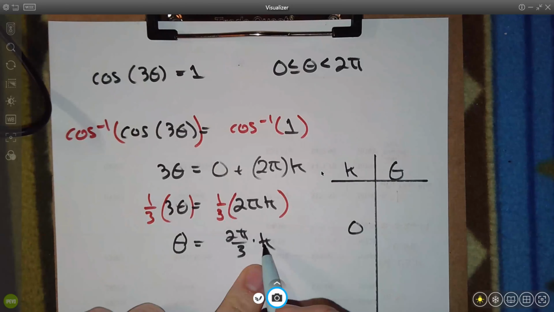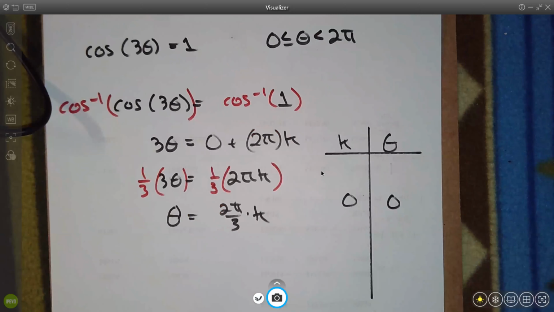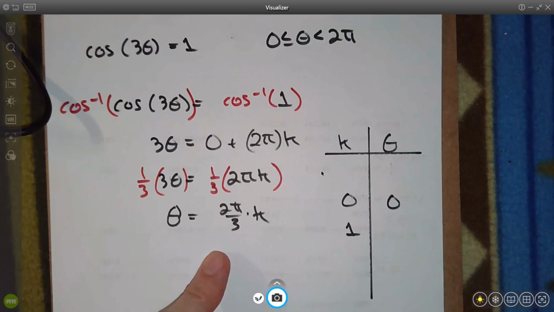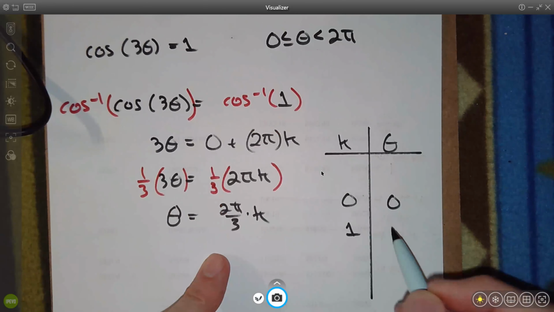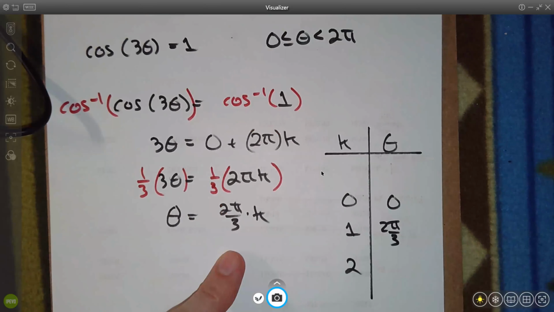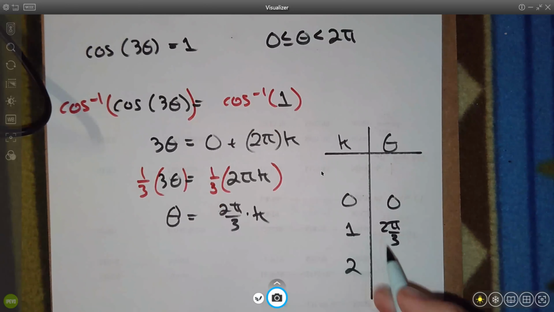If that's 0, I get a solution at 0. What about if k equals 1? The answer would be 2 pi over 3. Perfect. What about k equals 2? 4 pi over 6. Close. 4 pi over 3.